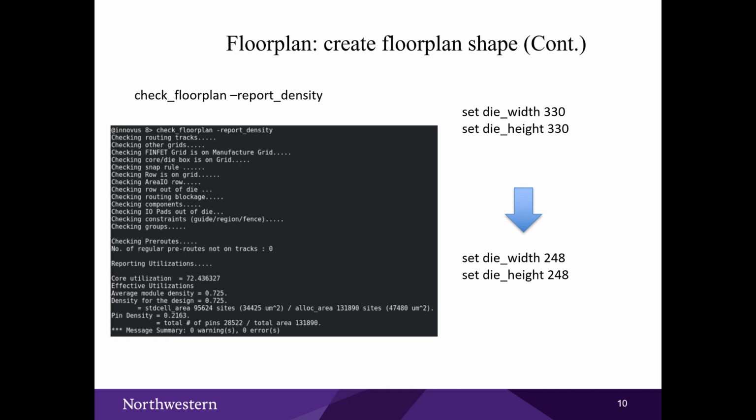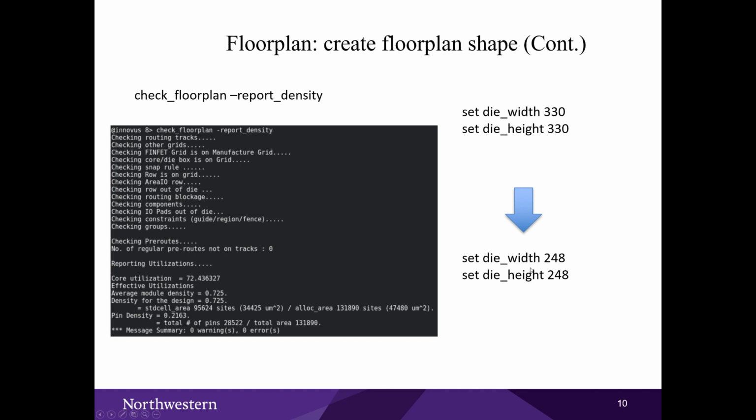It's much lower than 60% density, which is the requirement of our design. So I calculated that 248 micrometers will just meet the requirement, and it's the largest floor plan I can make which meets our requirements.